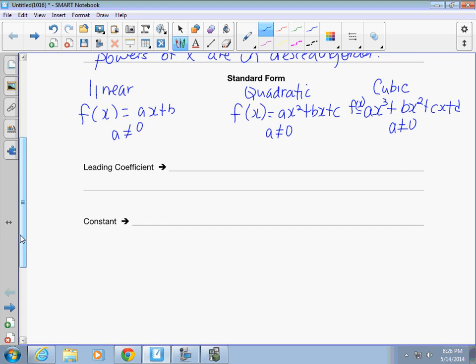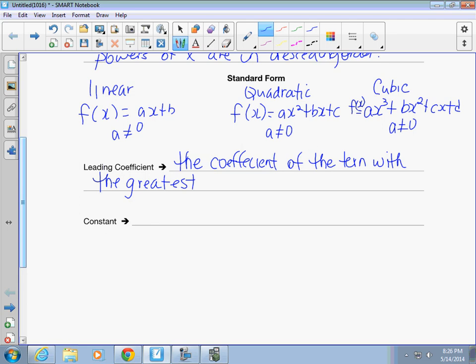So your leading coefficient then is the coefficient of the term with the highest power. So in the cases that we have above here in the standard form, that would mean our a value.